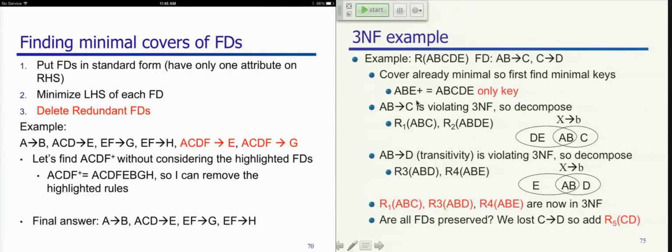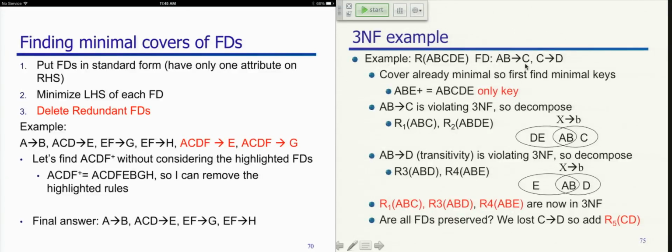Since this one is talking about whether B is part of a key, it's good practice for me to find all the keys first. So I'm going to look at this relation and find all the minimal keys.